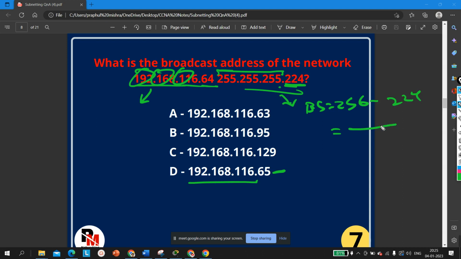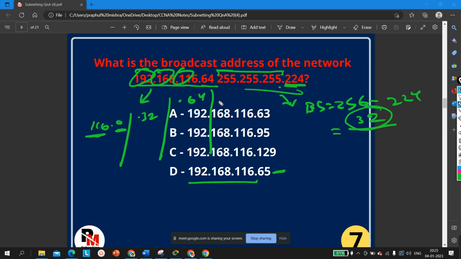So what value will you get? 32, sir. Yes, 32. So the first network will be 116.0 in the third octet and for the fourth octet, the second will be dot 32, the third will be dot 64.